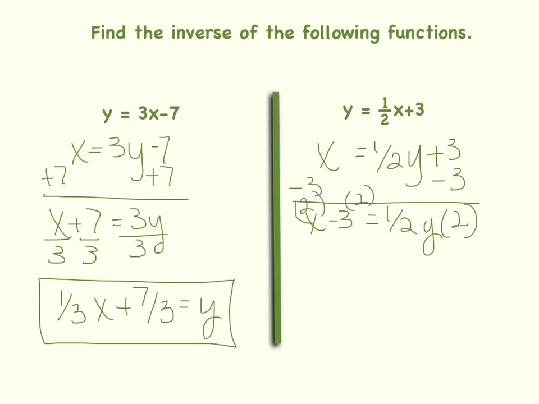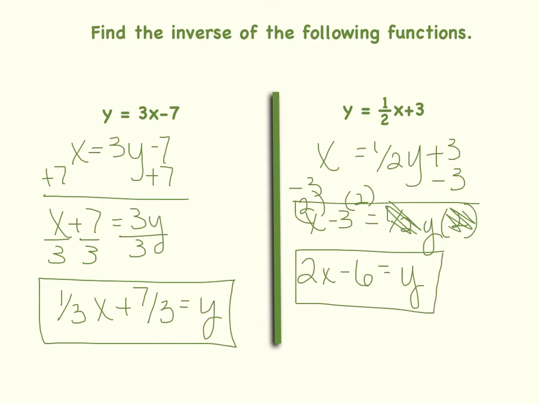I have to multiply every term by 2 so that it doesn't change the value of my equation. Now when I do that, I have 2x minus 6 equals y, because 1/2 times 2 is 1. They cancel each other out. So here is my inverse. Y equals 2x minus 6.